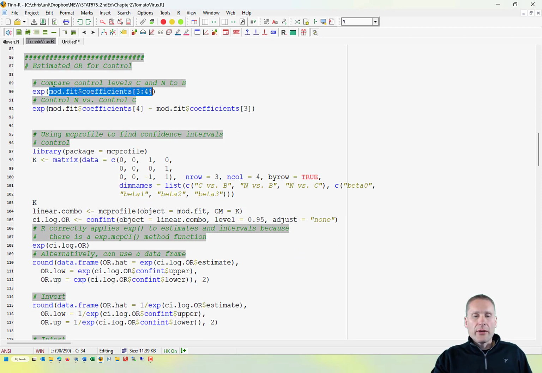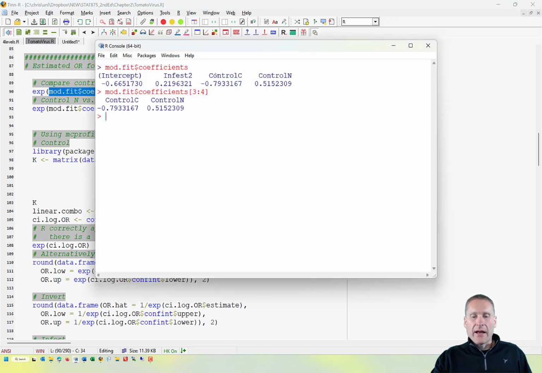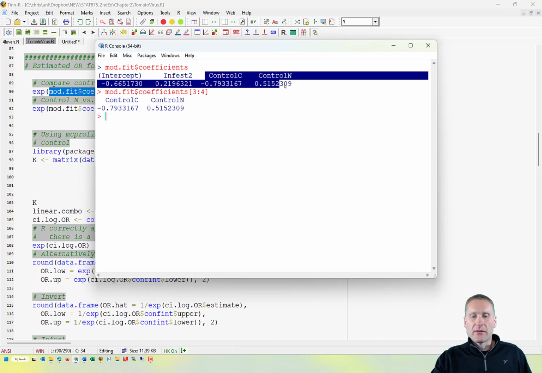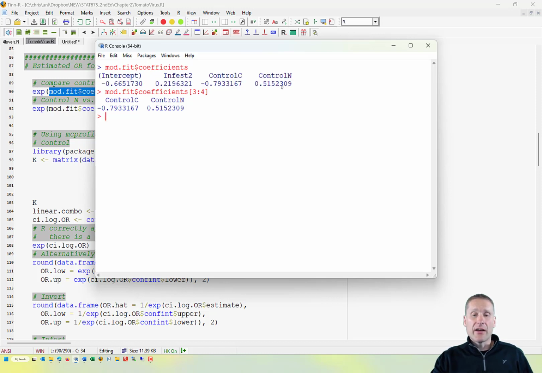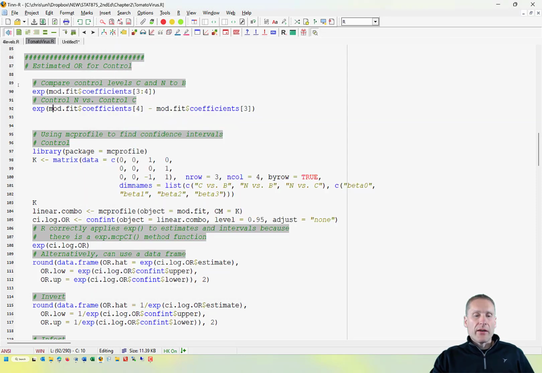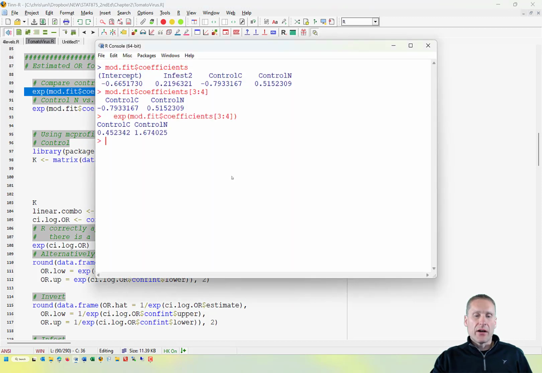So the third and the fourth elements of that vector give me the beta hats that I want to work with because those correspond to control. So if I use the exponential function with that mod.fit$coefficients, I get the estimated odds ratio comparing C to A and then N to A.